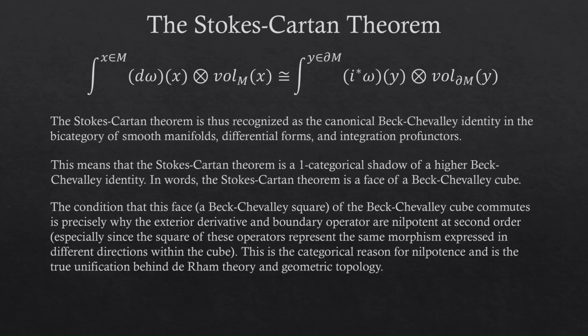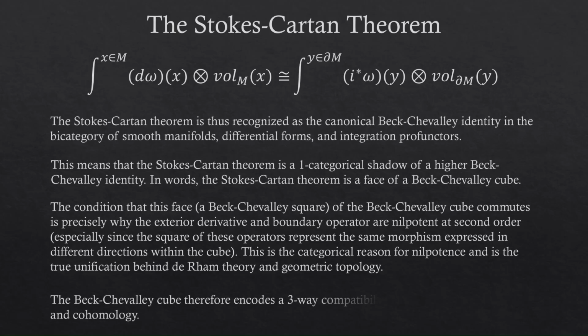And this is especially true since the square of these operators represent the same morphism expressed in different directions within the cube. And this is the categorical reason for nilpotence and is the true unification behind de Rham theory and geometric topology. And so the Beck-Chevalley cube therefore encodes a three-way compatibility across geometry, homology, and cohomology.